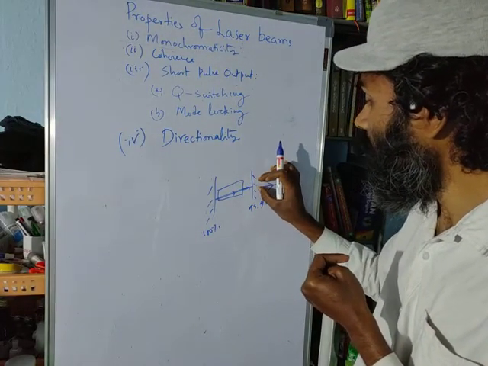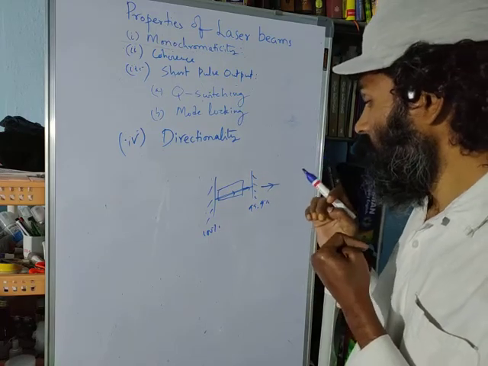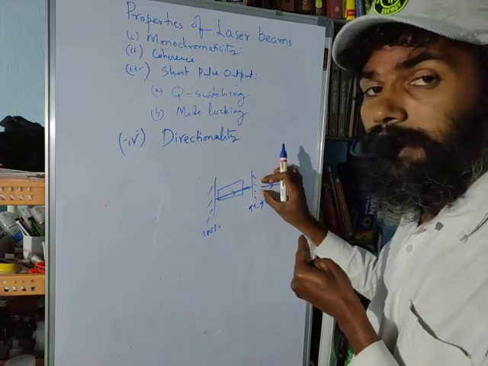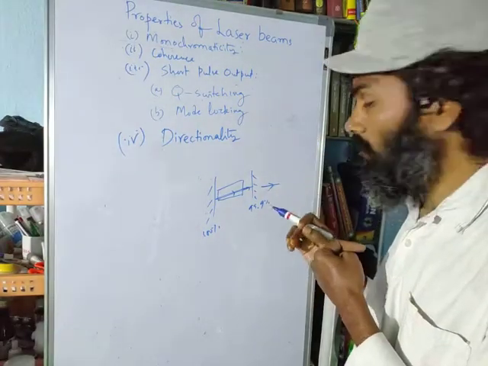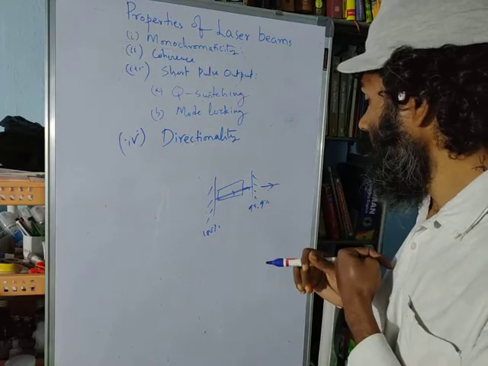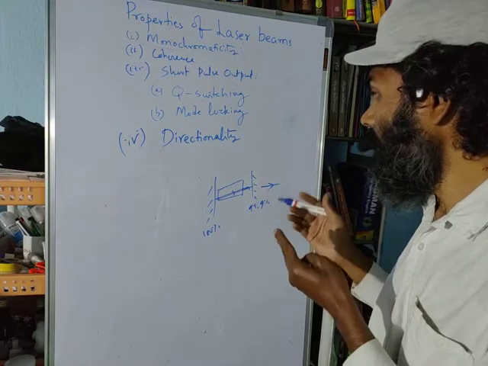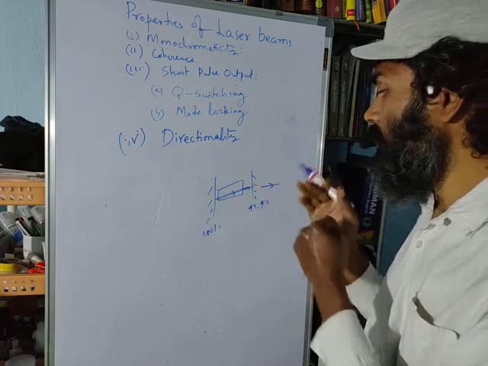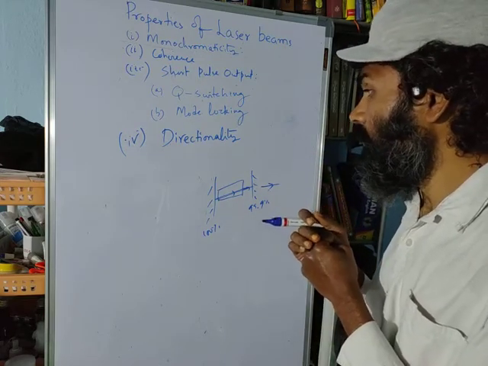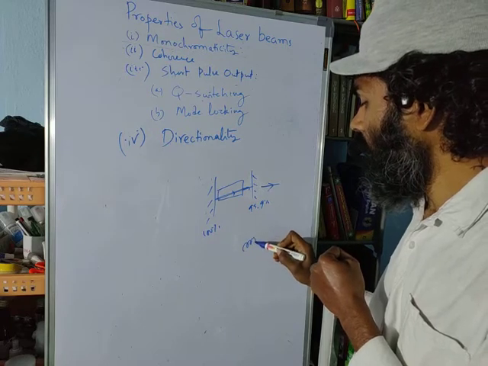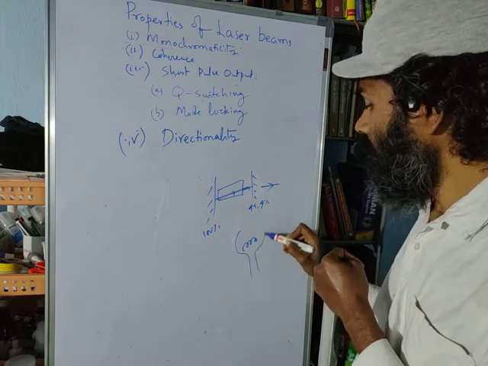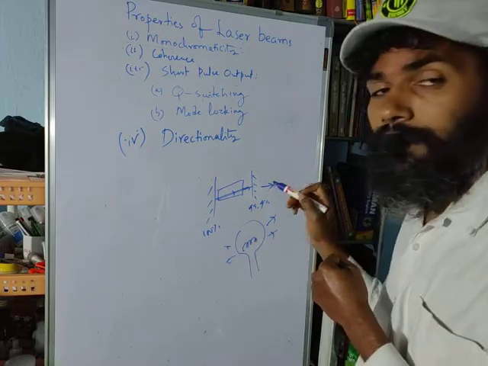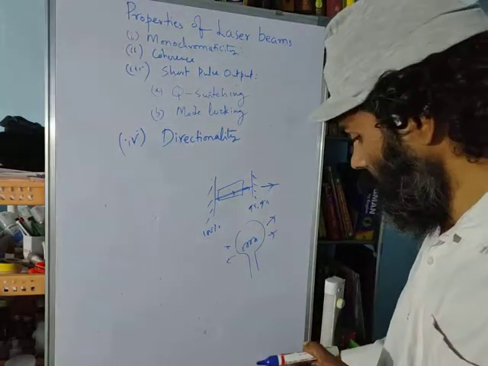So we're going to have the output of the laser beam coming only through this, with this size. So the laser is pretty directional because of the arrangement of the laser cavity. Whereas if you consider an incandescent bulb, it can give light in all possible directions. But this one gives unidirectional output.